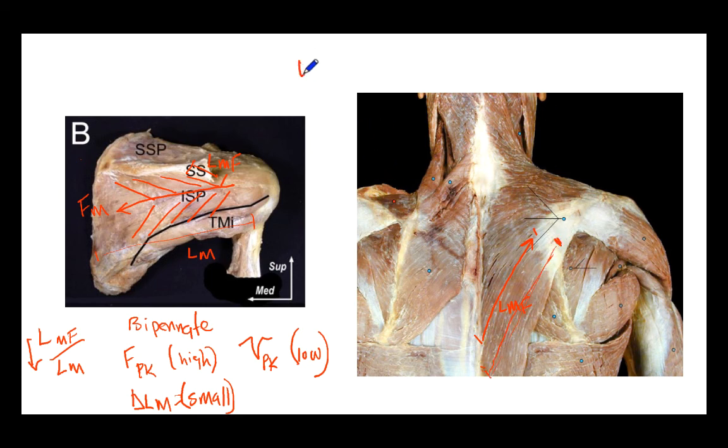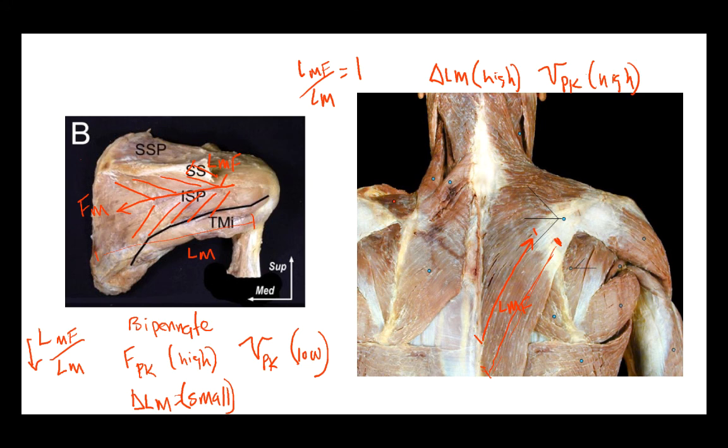So the length of the muscle fiber relative to the muscle length is nearly 1, right? And so it's going to have an ability to have a very high change in length. So the change in length of the muscle is really high, and therefore its peak contraction velocity is also going to be high.